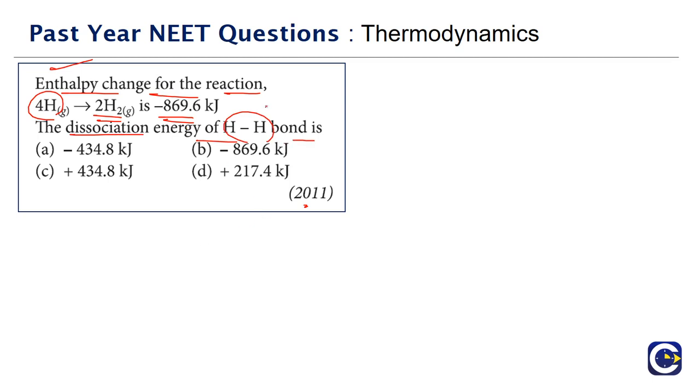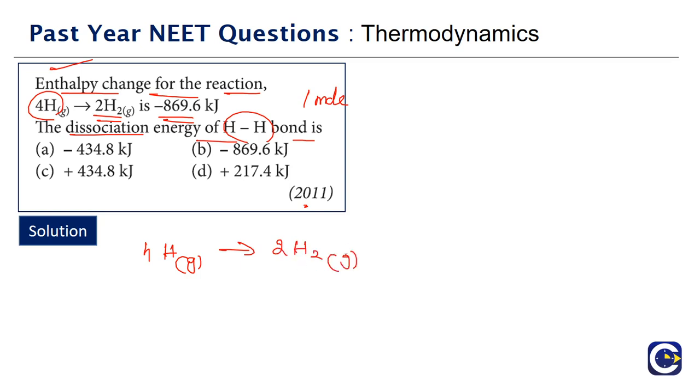In fact, here what they are asking for is the dissociation of H-H bond per mole. How do we look at the dissociation? What is given to us is 4 moles of these gaseous hydrogen atoms gives rise to 2 moles of the hydrogen gas. For this they have given us the delta H, which is minus 869.6 kilojoules.